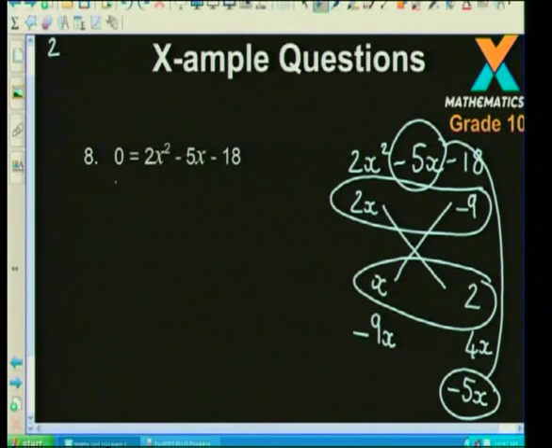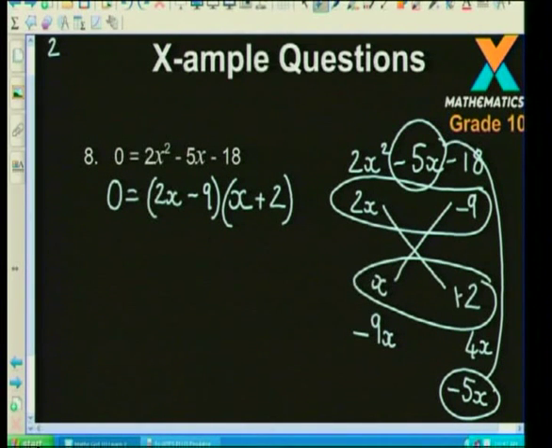So in the next line of this question, I'm going to write 0 is equals to 2x minus 9 and x plus 2. Remember, if there's nothing in front of the 2, then it's obviously a positive, which means you're going to be adding it. Okay, now that I've got that far, I have finished step 2, I now need to do step 3.